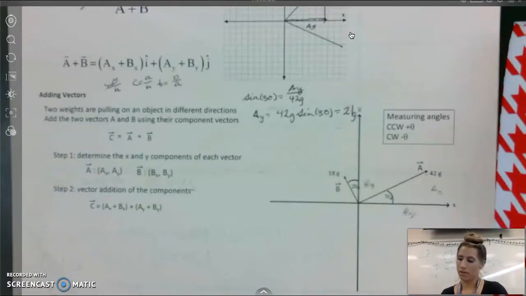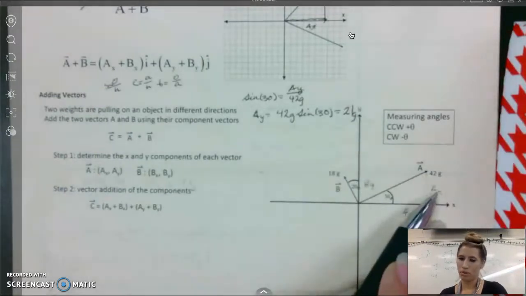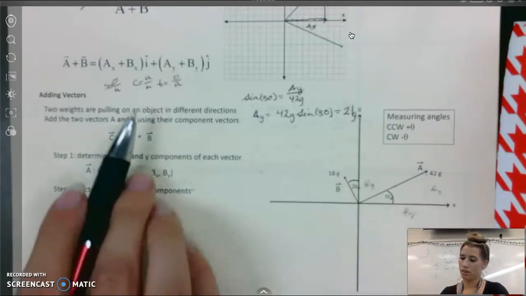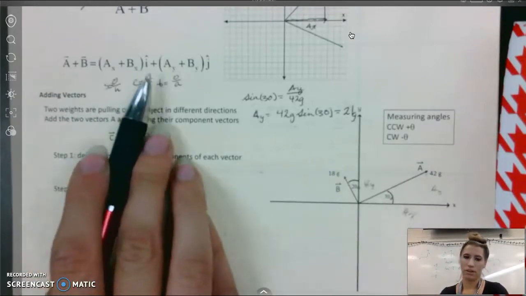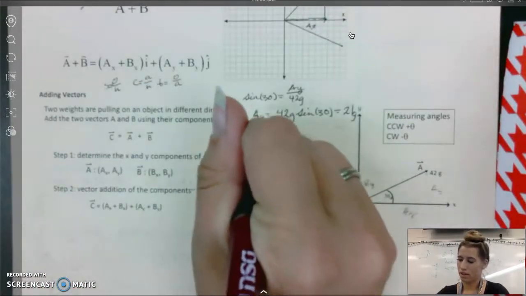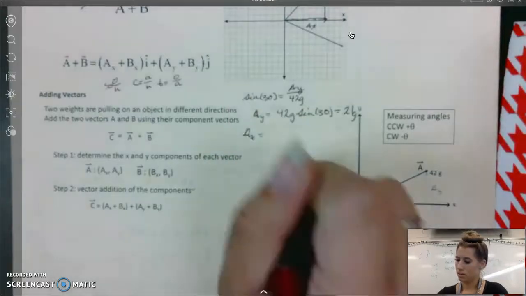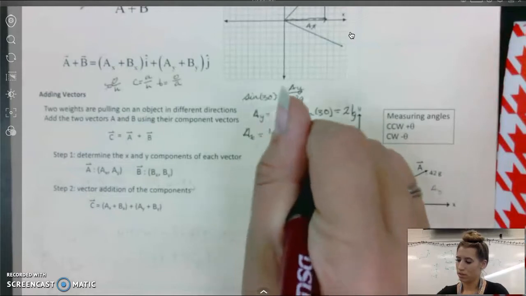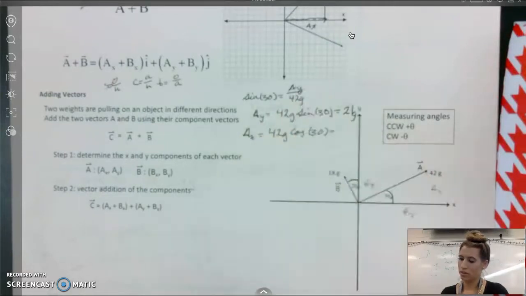Now that's the y component, but we want the x component and see how it's adjacent. So when we come here, we're going to use cosine now because we want that adjacent. And so it turns out that A sub x is going to equal 42 grams cosine 30.